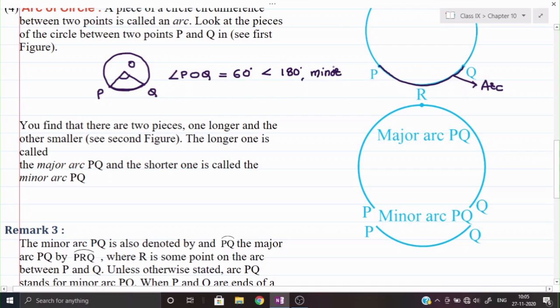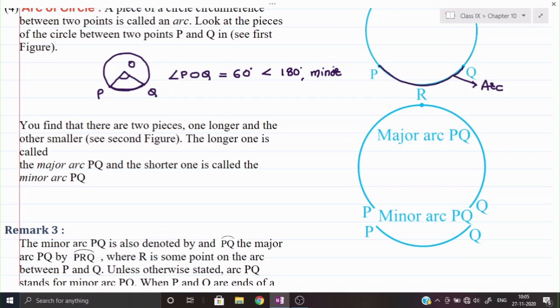The arc makes an angle at the center, and the name of the angle is angle POQ. How can we decide? You need to see whether that angle is acute or obtuse maybe, but below 180 degrees, that you can easily observe.